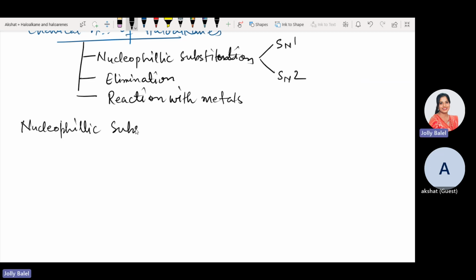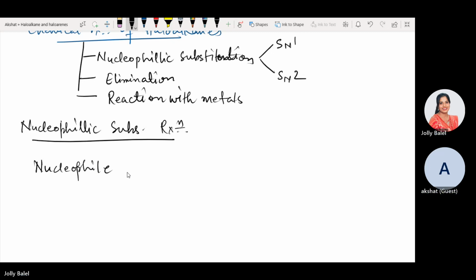Before moving to that, tell me what is a nucleophile? Nucleus loving, or we can say it has a tendency to donate electrons. Nucleophiles are species which are electron rich.